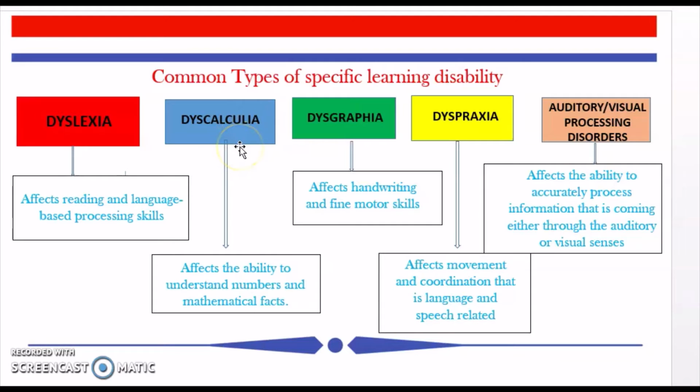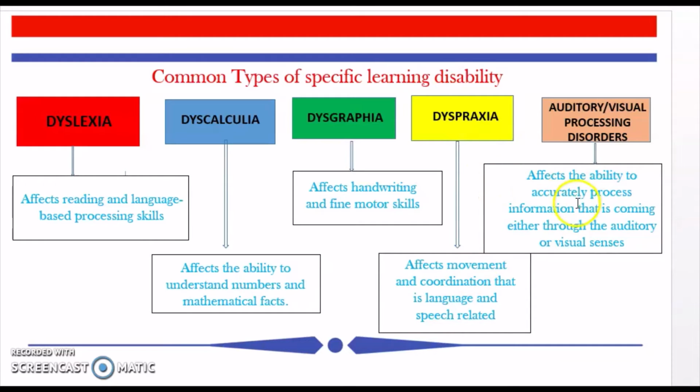If it affects handwriting and motor skills, when you see a child that cannot write very well, writes up and writes down, cannot hold a pencil, cannot hold little things, then he is suffering from dysgraphia. When it affects movement and coordination, it is dyspraxia.